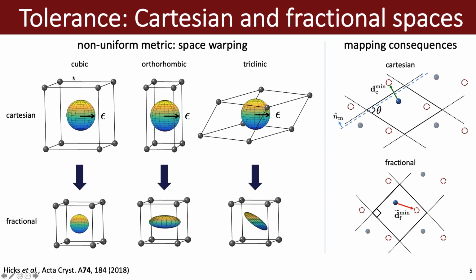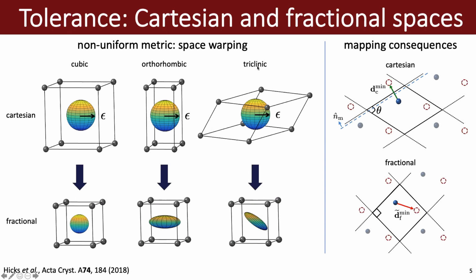And so when we do this for a cubic lattice, we see that we get this uniform compression of the system. However, if our starting system was orthorhombic, when we convert to this unit cube, we see that we have this non-uniform compression of the space. And so we see that the sphere is actually an ellipsoid, and that's because the space is being compressed when we perform the transformation.